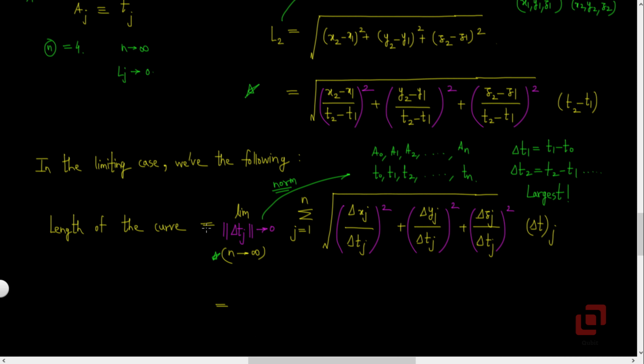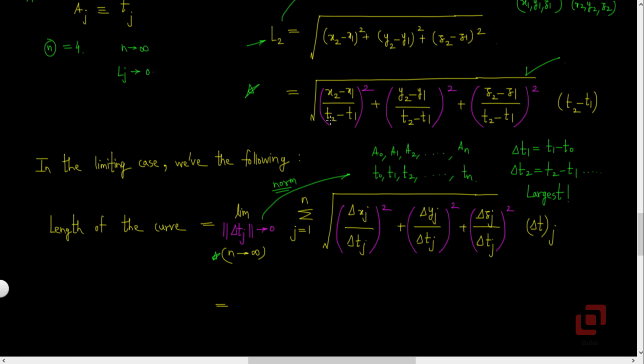So the length of the curve will be equal to limit as norm of delta Tj tends to 0 or n tends to infinity, summation j goes from 1 to n, root of (delta xj upon delta Tj) squared plus (delta yj upon delta Tj) squared plus (delta zj upon delta Tj) squared, into delta Tj. So this is the generalization of this expression here. Here we did it for L2. Now we are generalizing it to Lj and allowing the number of such segments to tend to infinity.